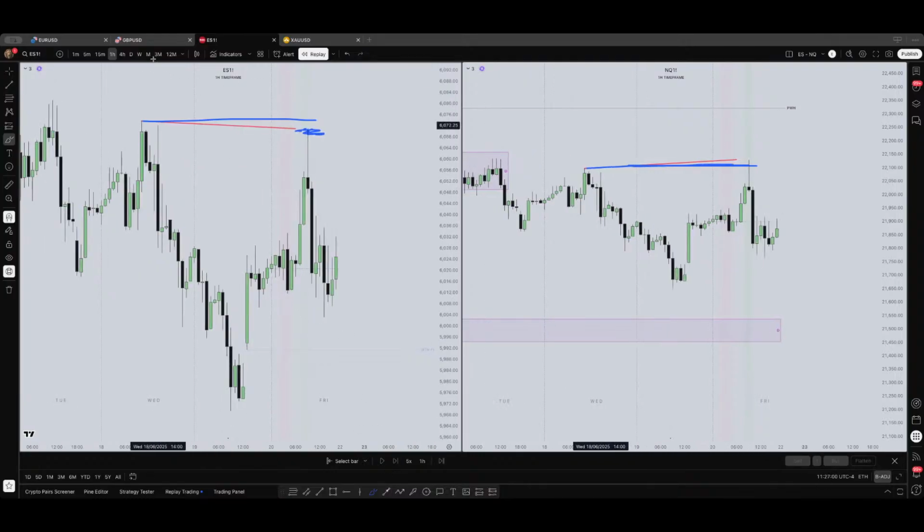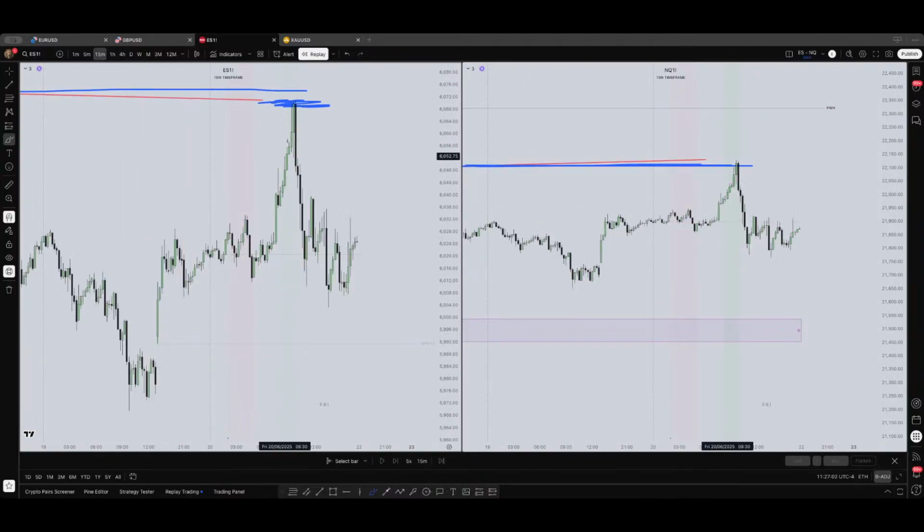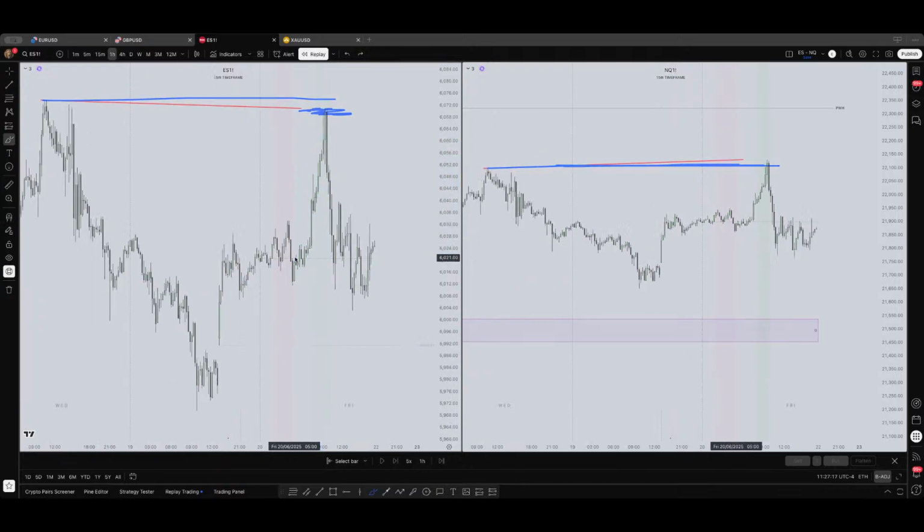This was 9:30. Normally around 9:30 we also expect these fake movements. When the market opens from 9:30 to 10, price changes direction a lot of times.